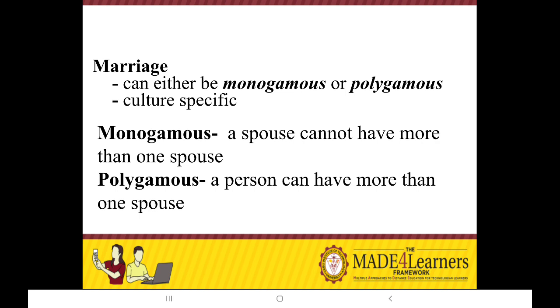Among Islamic societies, in contrast, marriage can be polygamous, which means that a person can have more than one spouse. The type of polygamy among Muslims is called polygyny.